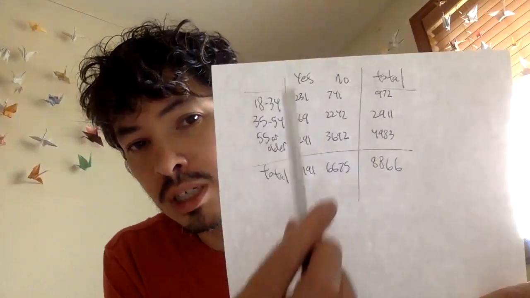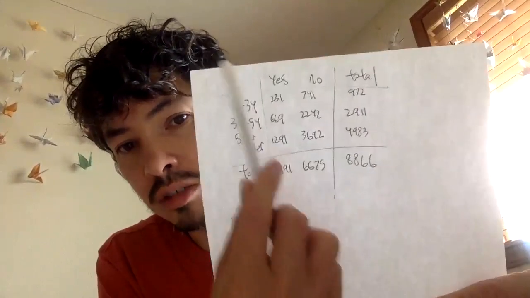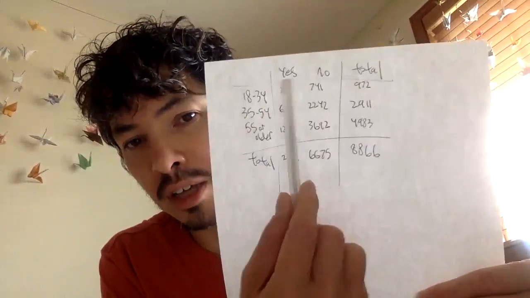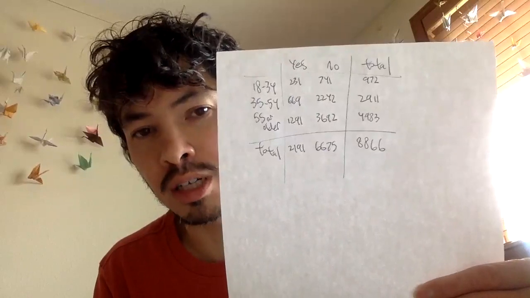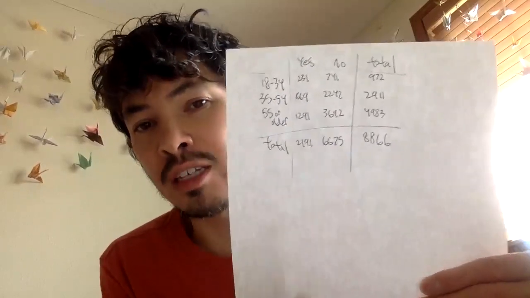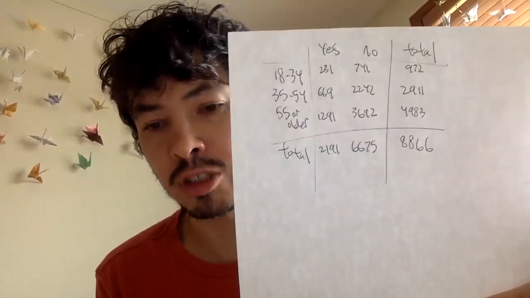It was not a two-way table. It was not a matrix. But if your data comes in a two-way table and has two variables, like a 3x3 or a 3x4 or a 2x3, then you know it's a chi-square test for independence or homogeneity. If it comes in a table.